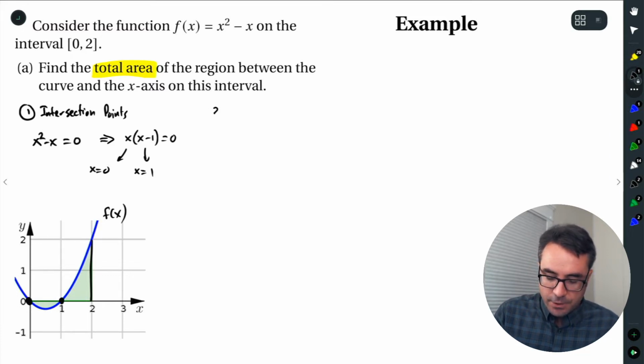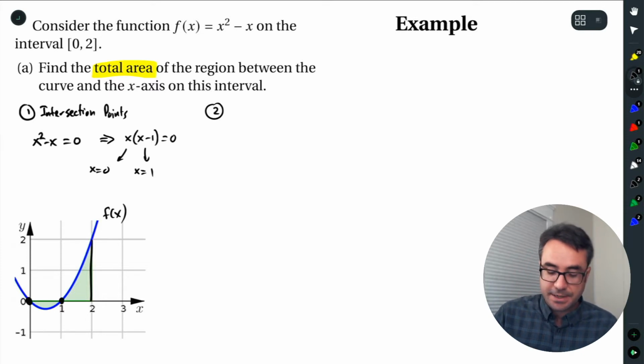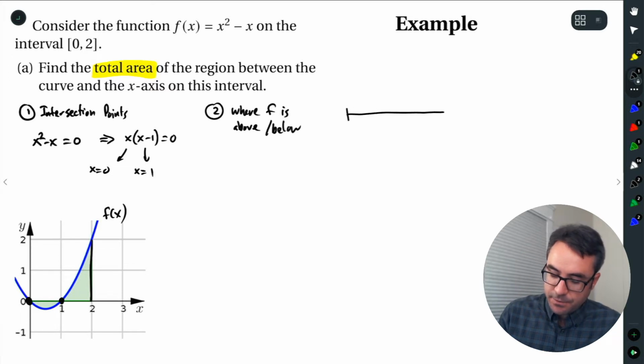Then we're going to do kind of like a sign chart, to figure out where our function is above and where it's below the x-axis. All right, so we're interested in the closed interval from 0 to 2.